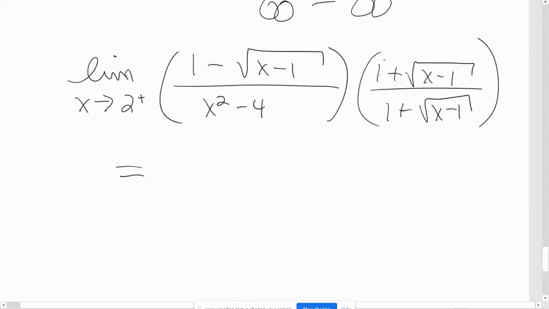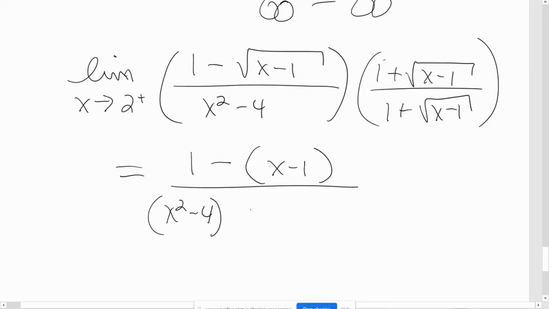And then on the top, that's going to give me 1, and then the middle terms are going to cancel, and then I'll get minus the quantity x minus 1 over, and then don't distribute here. So we got x squared minus 4 times 1 plus the square root of x minus 1.